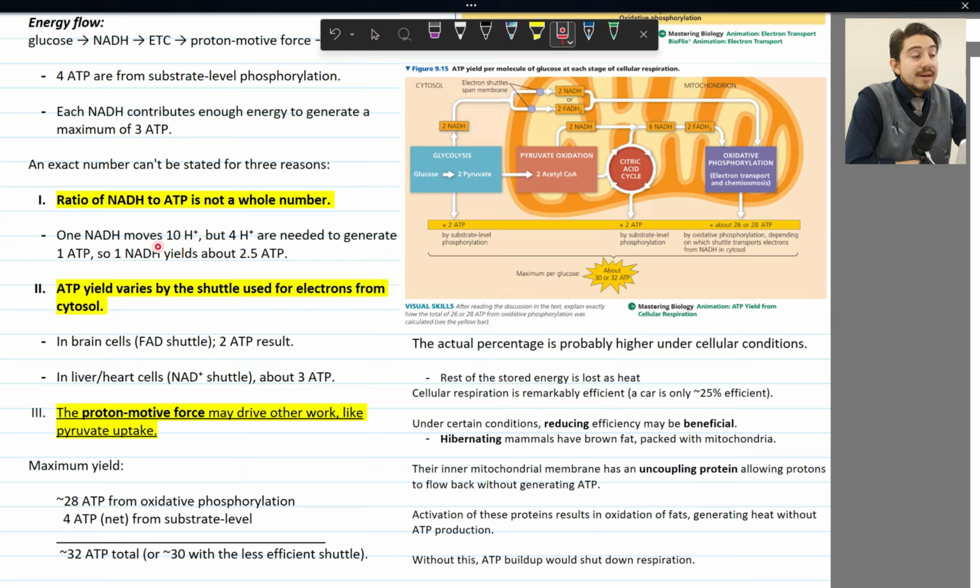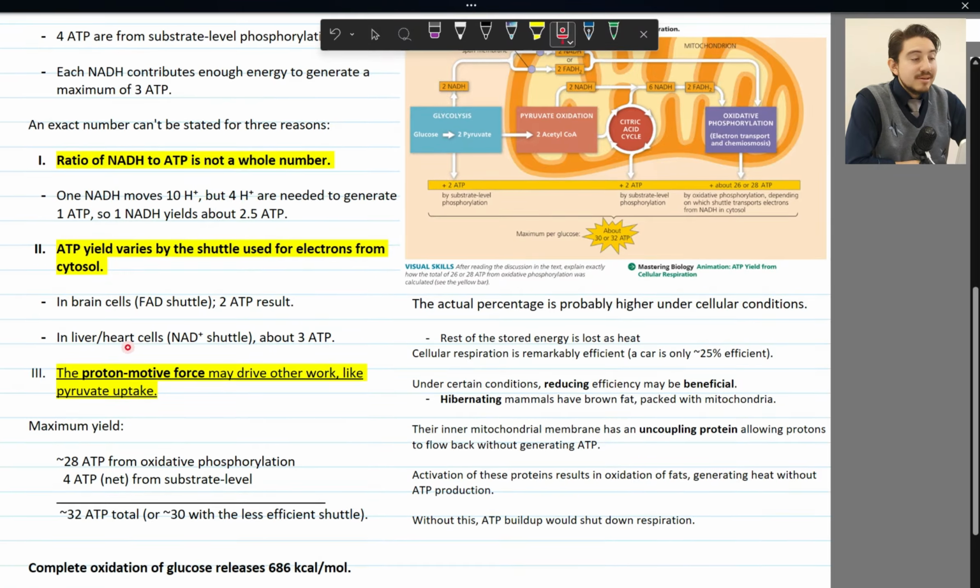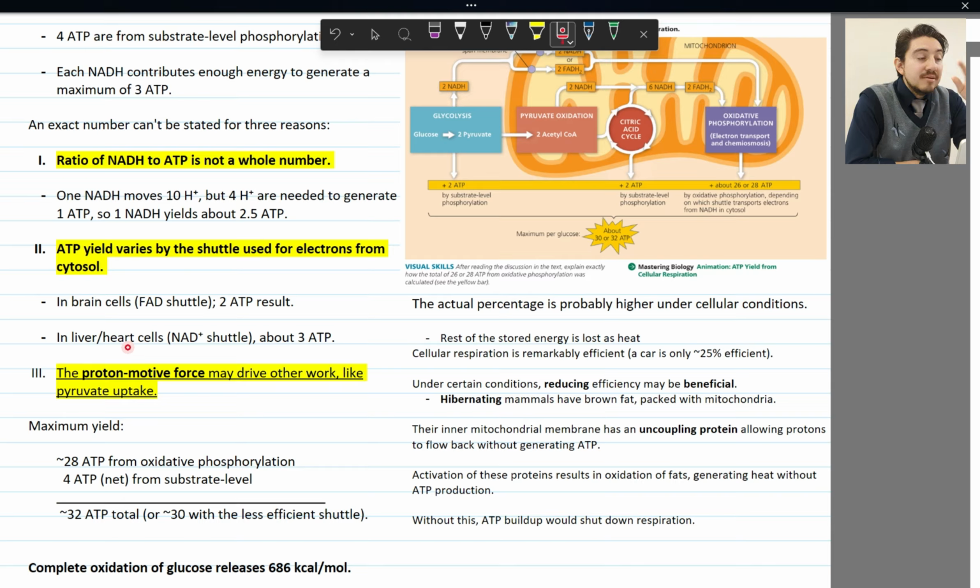Number 2, ATP yield can vary by the shuttle used for electrons coming in from the cytosol. What do I mean by this? FAD being the electron carrier, or NAD plus being the electron carrier, can give different amounts. The cells use different shuttles, which can yield different numbers.